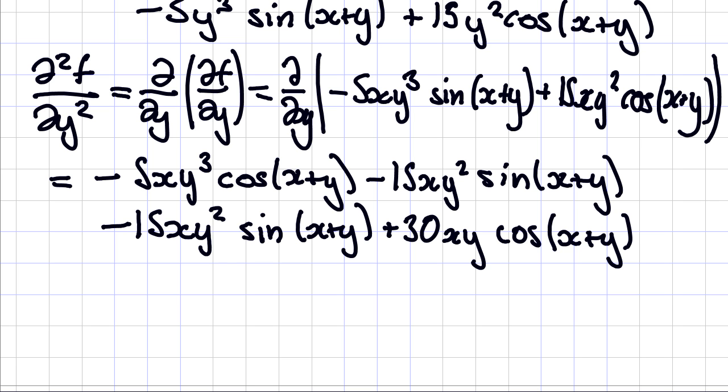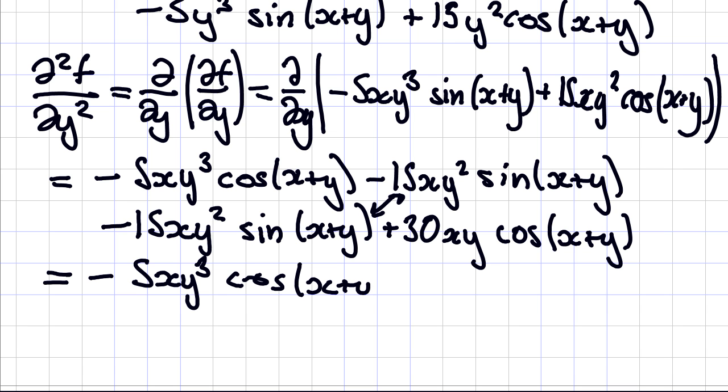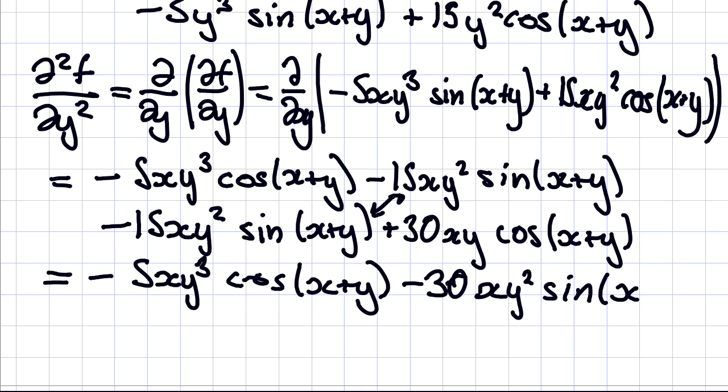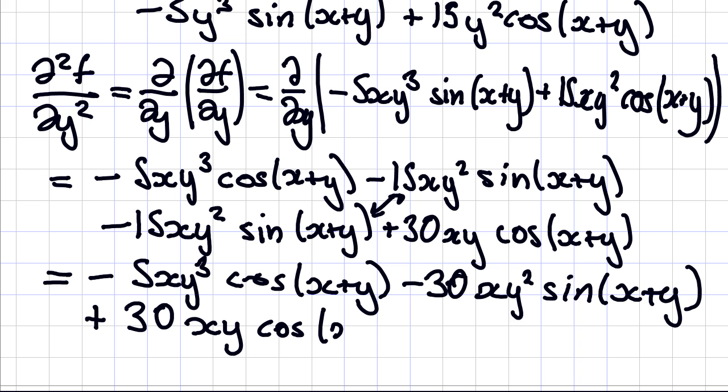And you see here I've got two terms I can combine. So my final answer is going to be minus 5xy cubed cos x plus y. Combining the two terms gives me 30xy squared sine x plus y. And then the final term plus 30xy cos x plus y.